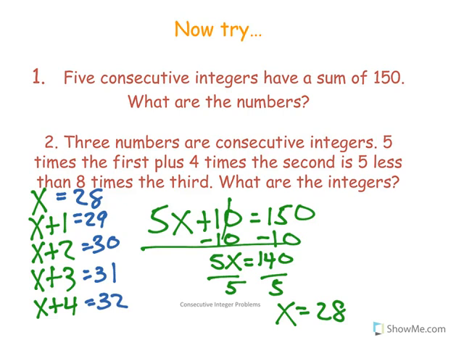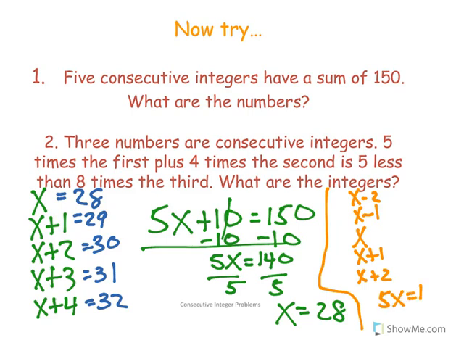Now for those of us that thought about doing this in the more kind of elegant way, making x the middle one, this is what you should have had. Now what do we notice here? If I add up all of these expressions, the negative 2 and the positive 2 have a sum of 0. Negative 1 and positive 1 have a sum of 0. So when I add up all these orange expressions, look what I get, right? 5x equals 150.